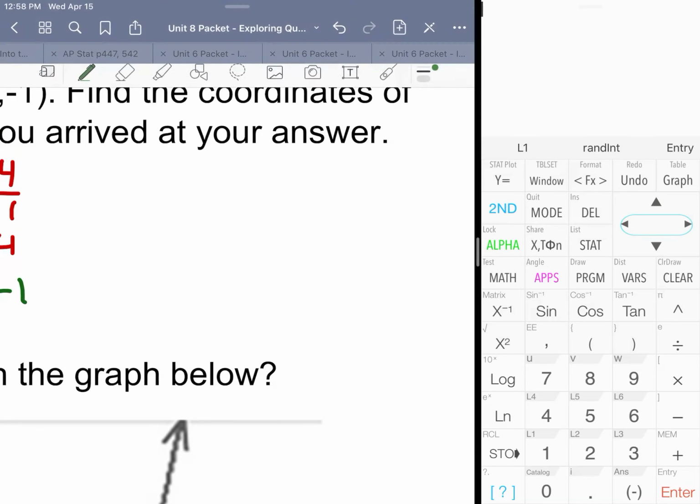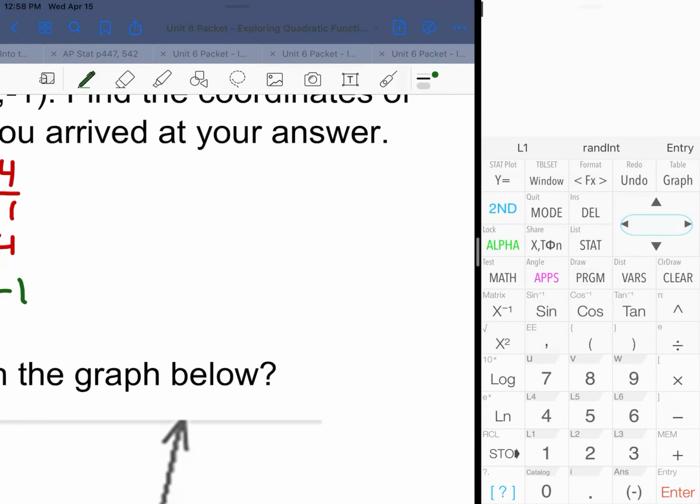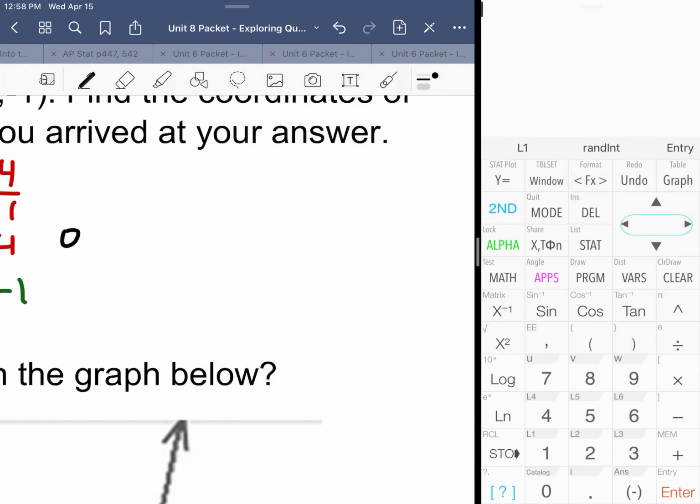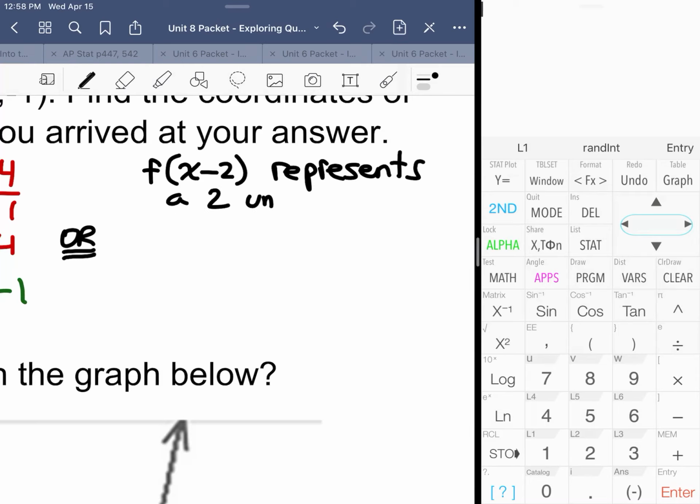But what I could say instead is f of x minus 2 represents a 2-unit shift to the right. All right, because it's always that opposite sign.